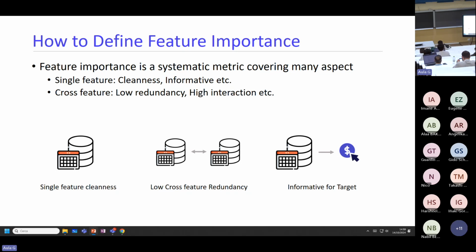By systematically evaluating these aspects, we can select the most valuable features and design more efficient and effective models.